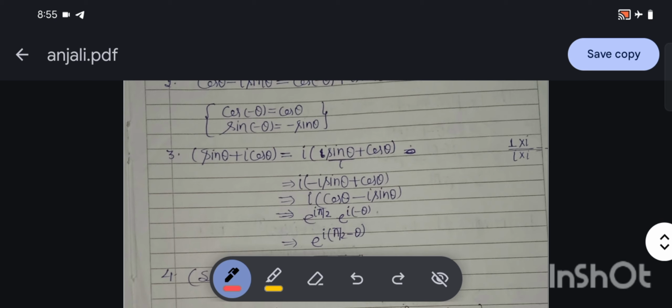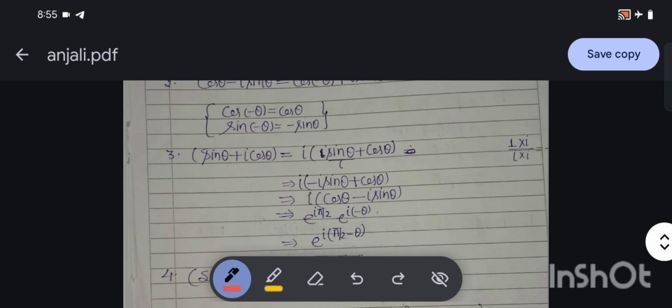So how will we solve this? We will take iota common in this expression. So iota is in the bracket, sine theta upon iota plus cos theta. And what is the value of 1 upon iota? Minus iota.